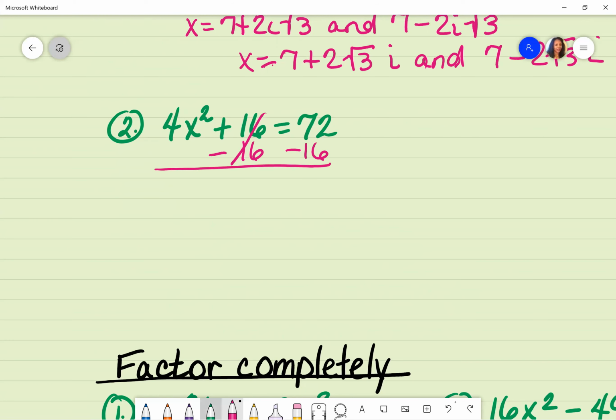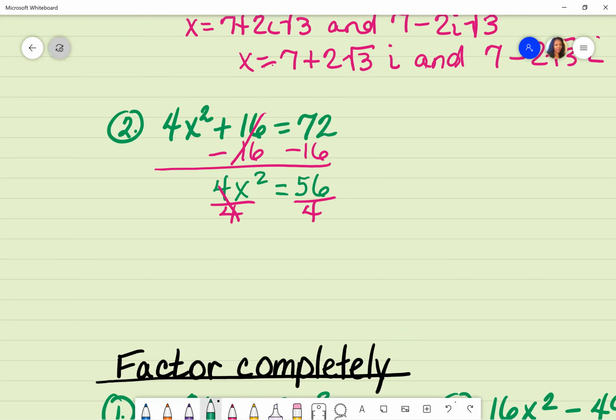When I do that, I'm left with 4x squared is equal to 72 minus 16, which is going to be 56. All right, and then after that point, what I want to do is divide both sides by what's stopping x squared from being by itself. It's 4.